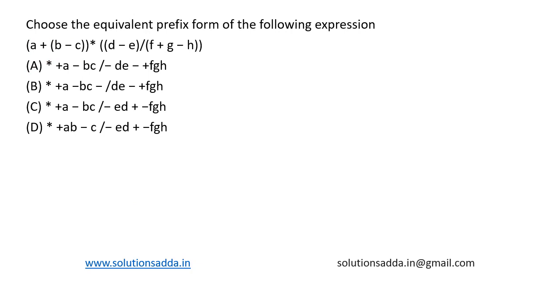This is a question from data structures. Choose the equivalent prefix form for the following expression that is given here. So for example, if the infix expression is A plus B, here plus being the operator and A, B being the operands, it is written as plus AB in prefix form. Now let's rewrite the expression once again.